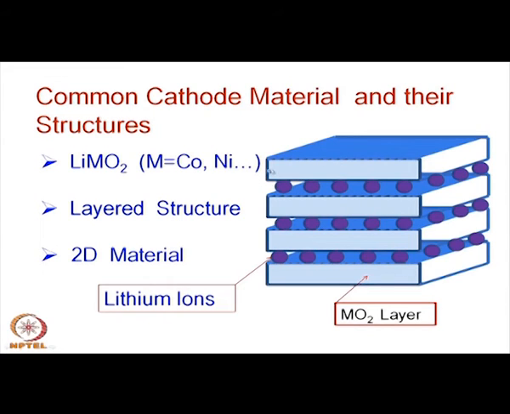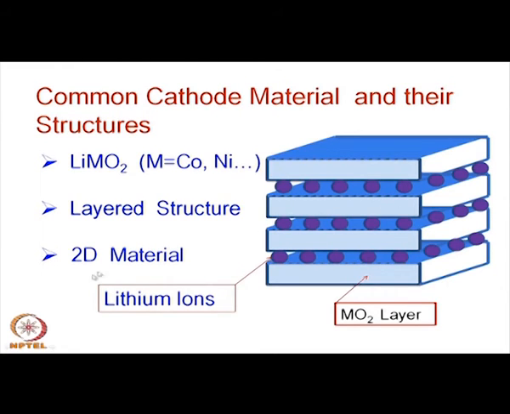So, these are MO2 layers, blocks one can say, and in between the blocks, it has a similarity to the graphitic structure, but it is not a hexagonal structure. It is a different structure. It is basically a rhombohedral structure, and so these layers are MO2 layers, and in between these are lithium ions.